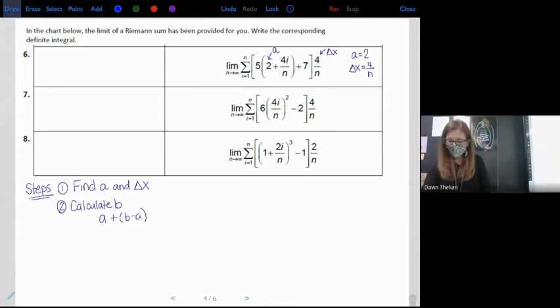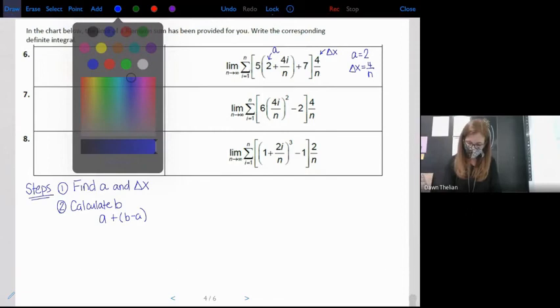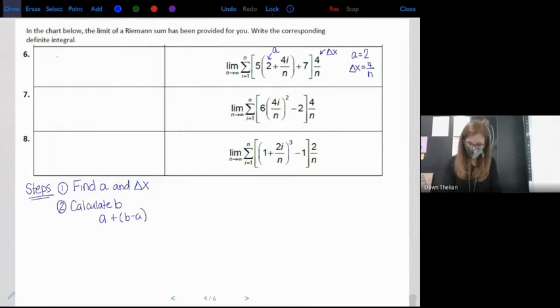So if we're going to start at 2, and then the difference between b minus a is 4, if we just add 4 to the 2, then we're looking at an integral that starts at 2 and goes to 6. Because if I now calculate b minus a, 6 minus 2 is the 4 over n. So you're just kind of putting it back to figure out what's the interval.